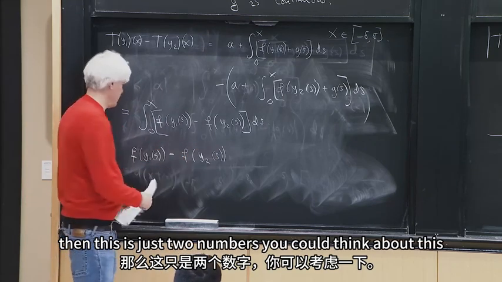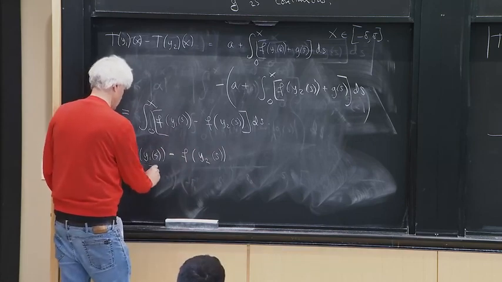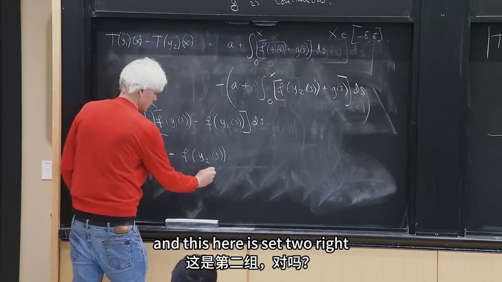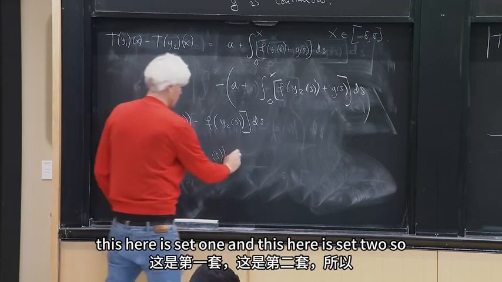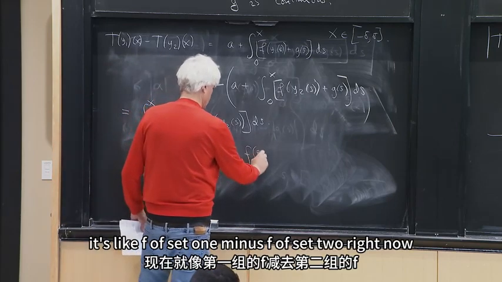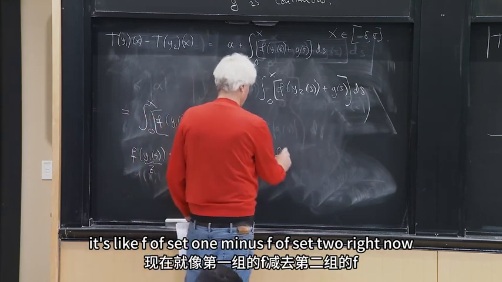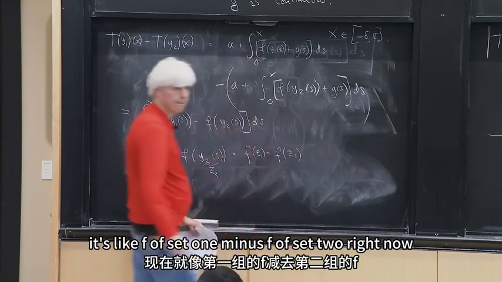You could think about this as z1 and this here as z2. So it's like f of z1 minus f of z2.